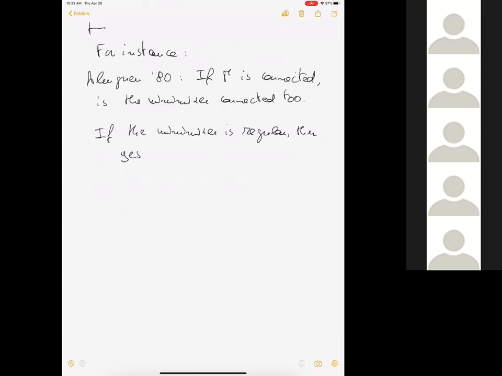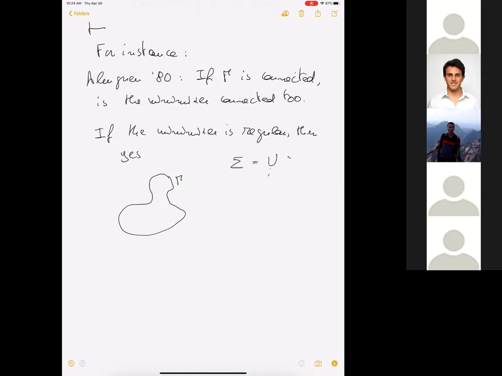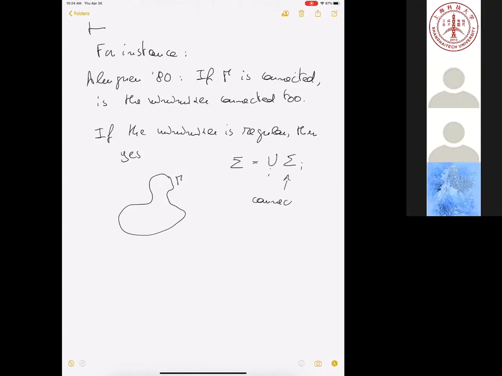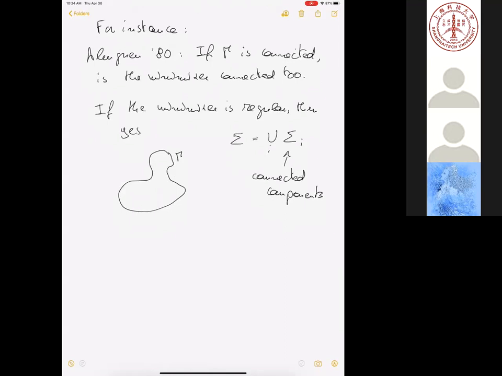Say here I have my fixed contour gamma. If the minimizer is regular, then I can break it into its connected components. Let's say the minimizer is sigma. Let me write sigma as the union of the connected components. Since gamma is connected, gamma must be the boundary of only one of these components.